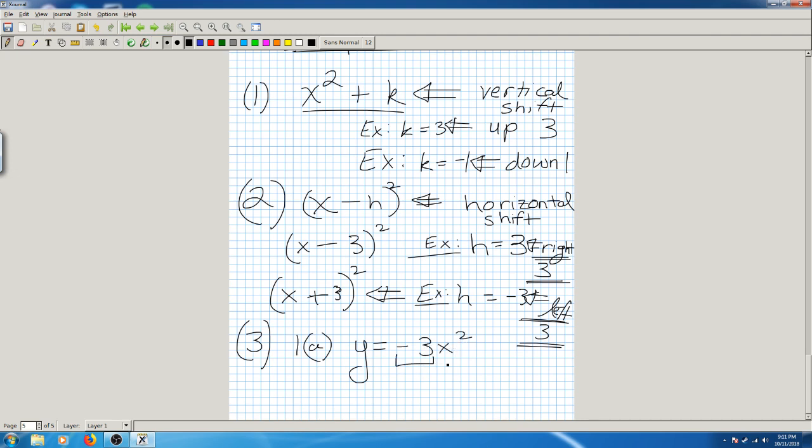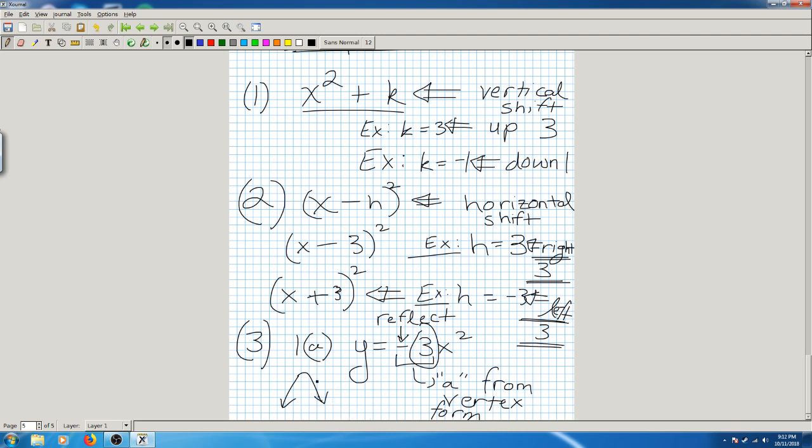That negative 3 is actually the a value from the vertex form. This 3 itself means stretch vertically by 3, which we saw, and this negative means reflect. So in other words, when you say reflect, it actually means the curve is going to open downward.